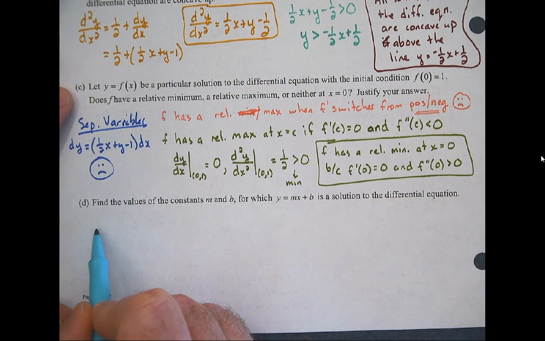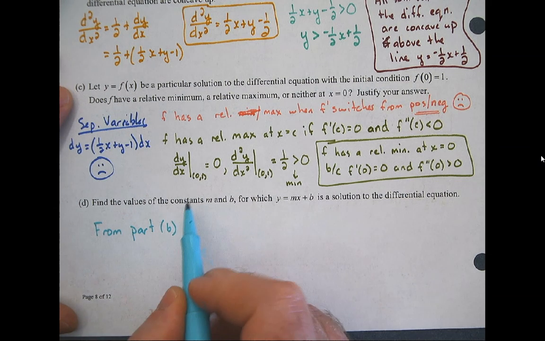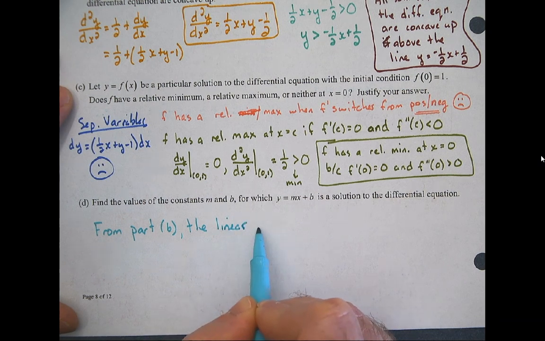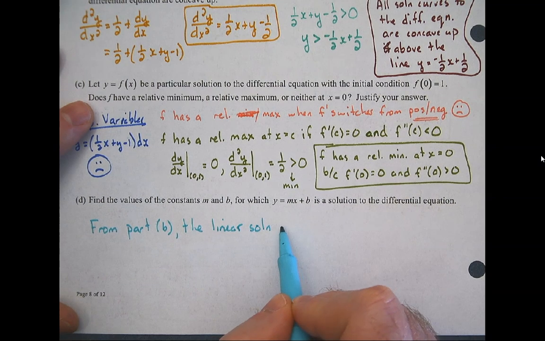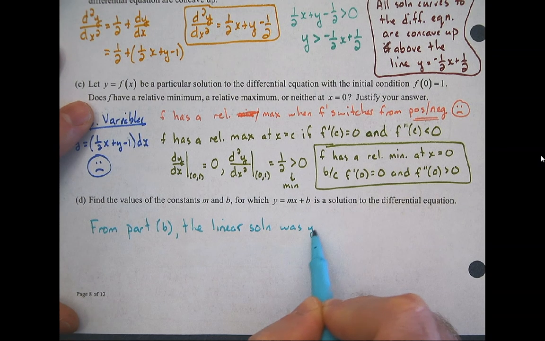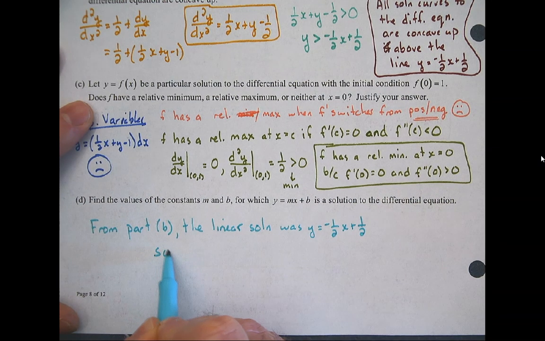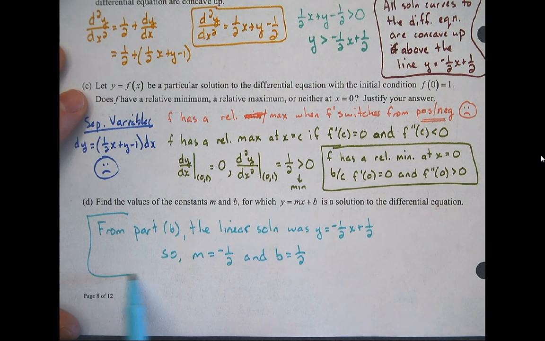So I would say something like this from part B. The linear solution was y equals negative 1/2 x plus 1/2. So m, remember they're asking for m and b. m would be negative 1/2 and b would be 1/2. So we already actually did that.